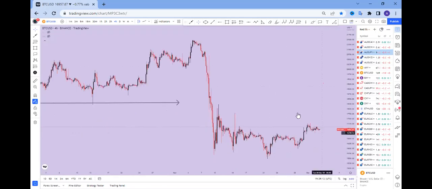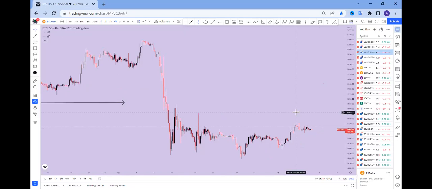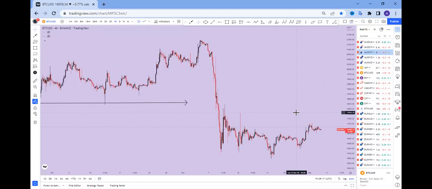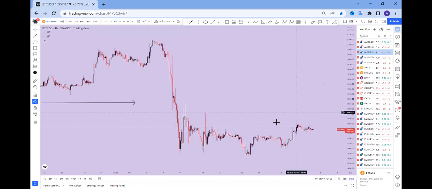Yes, so looking at this on the 4 hours time frame, we can see that we've also gotten what looks like a break of structure or possibly a fake out, because it's looking like an AMD kind of structure.